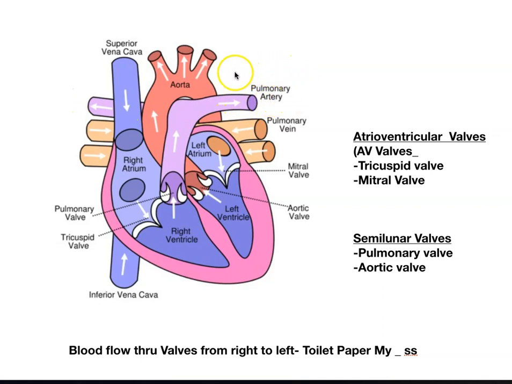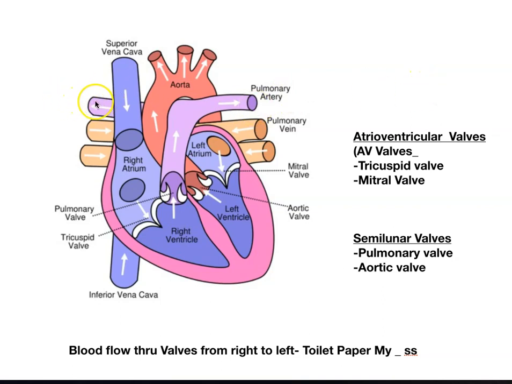What's the definition of artery? Arteries take blood away from the heart. This is taking blood away from the right ventricle. This is the left pulmonary artery. It's taking it to the left lung.